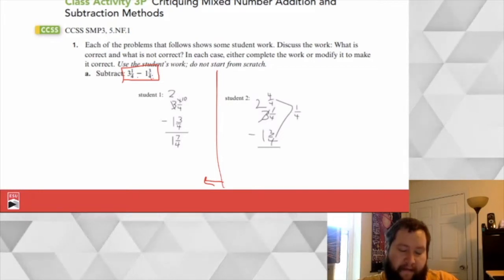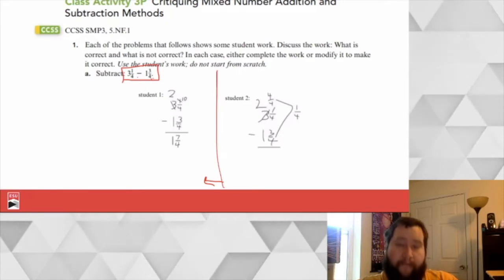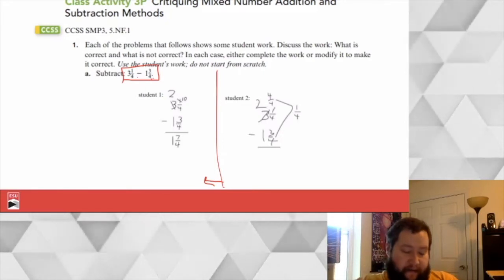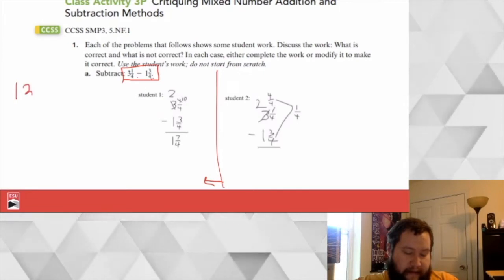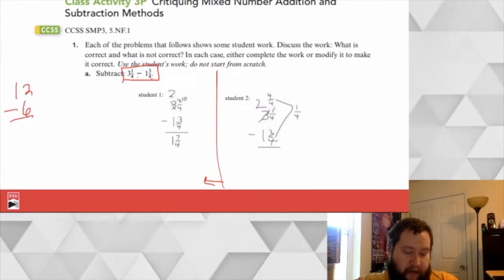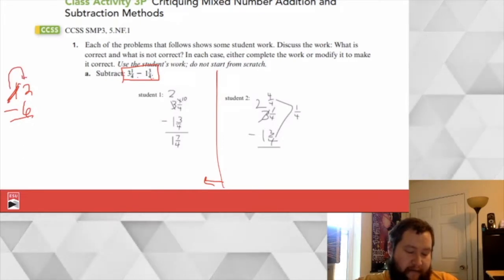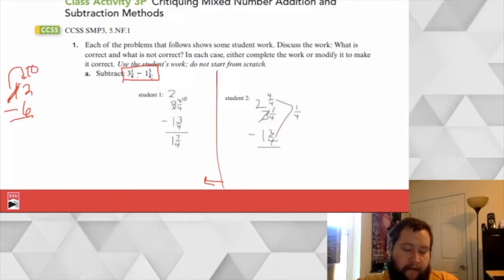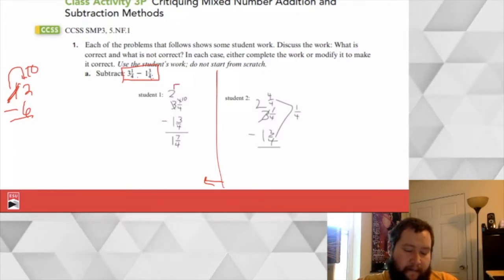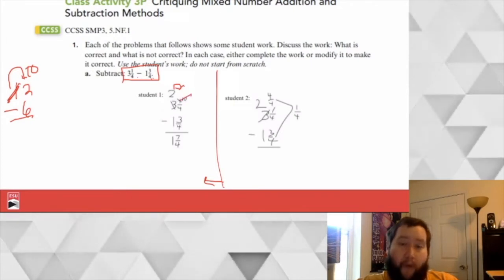When we cancel out this 3 and bring a 2, we're bringing 1 whole over. So think about when we do standard subtraction. If I do 12 minus 6, when I cross this out, I'm bringing a whole 10 over. So here, I don't bring a whole 10 over, I bring a whole 4.